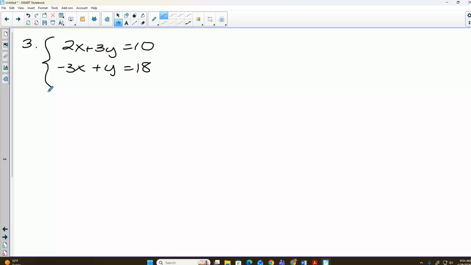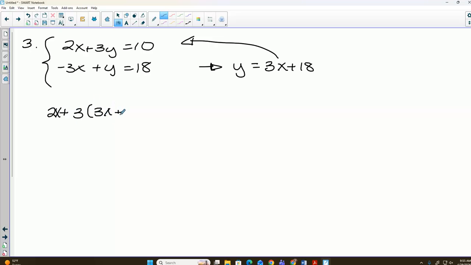I agree with that. So if I get my y by itself, I get y equals 3x plus 18. Then I am subbing that into the first one. So the first one is 2x plus 3 times the y, which we are plugging in 3x plus 18, equals 10.